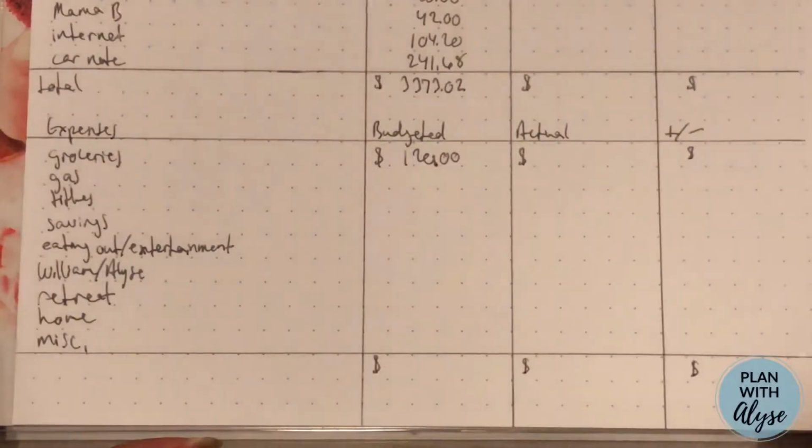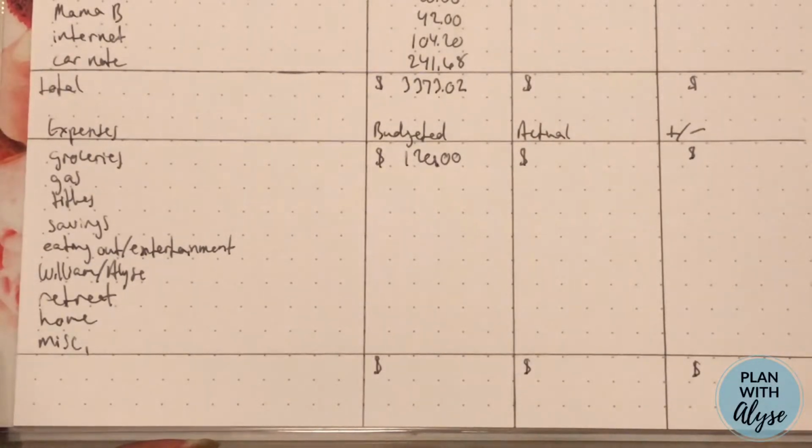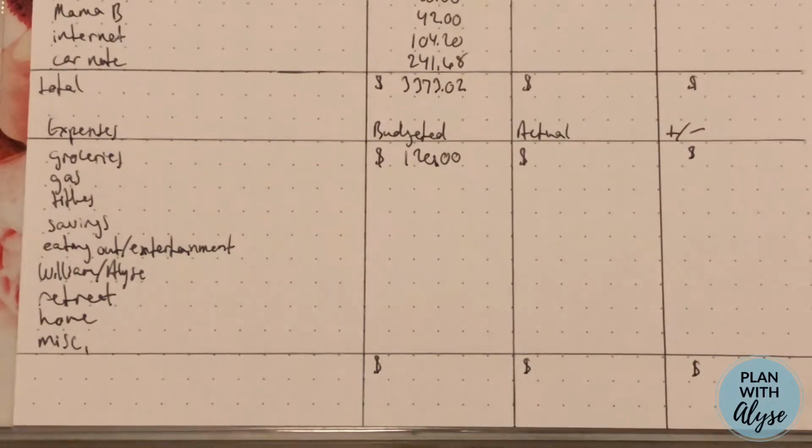Then for our gas, we ended up still only getting $30 a week for gas since we got the truck, because I haven't needed gas still because we don't really use my car for real. But he only gets $30 a week.